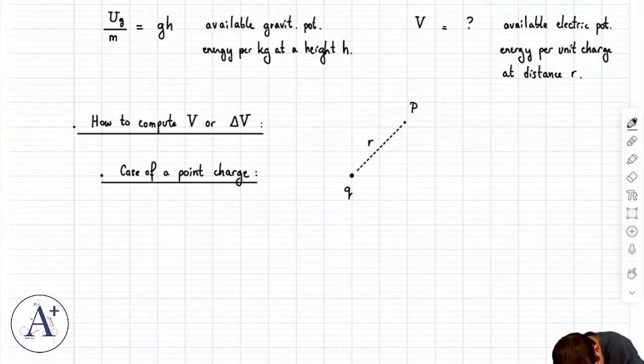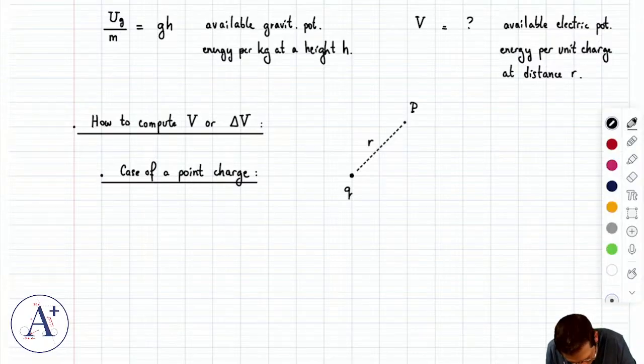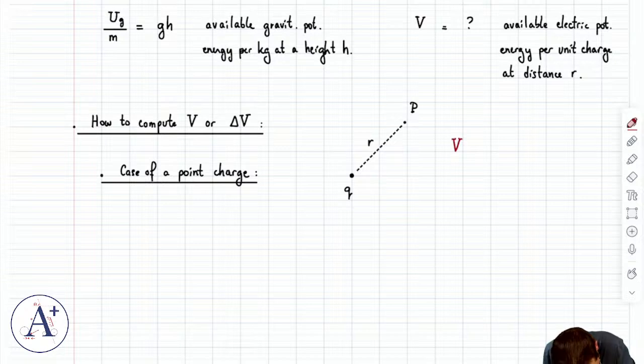I'll call it point P, a distance r from Q. Then the electric potential, capital V, at point P created by Q is given by KQ over r.